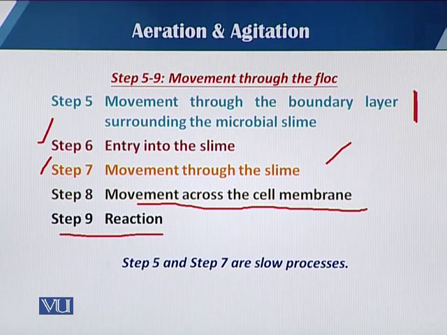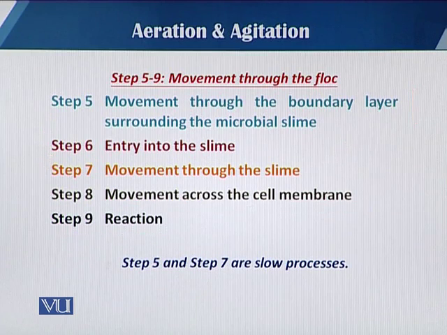Steps 5 and 7 are very slow because the oxygen has to cross the slime environment and then enter into the membranes. So these are the 9 different steps involved in bringing oxygen to the cells at the reaction site.